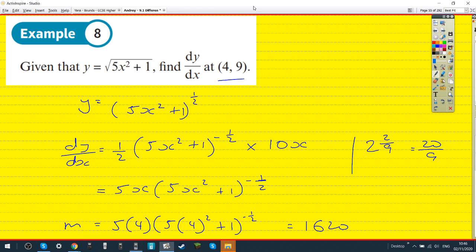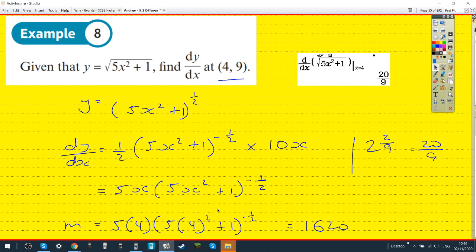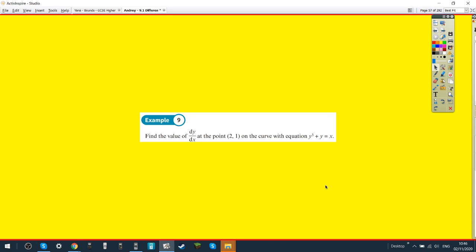Okay. That could have gone wrong. It's just that this is 81 and the square root of 81 is 9, to the minus is 1 over 9, times 20. Okay, so far so good. Yeah, so far so good.